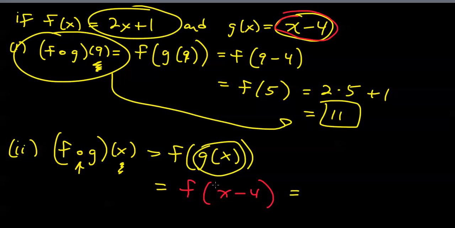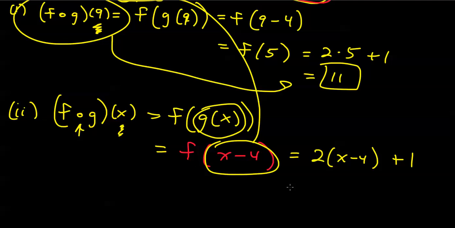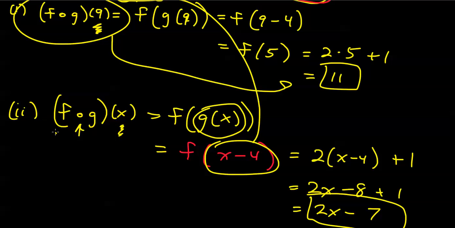And x minus 4 now becomes the input of f of x. I'm going to plug in x minus 4 for x in the 2x plus 1 statement. Okay? And again, I can grind this out pretty easily. 2 times x is 2x, minus 4 times 2 is negative 8, plus 1. So I'll get 2x minus 7. So f composed with g of x is 2x minus 7.